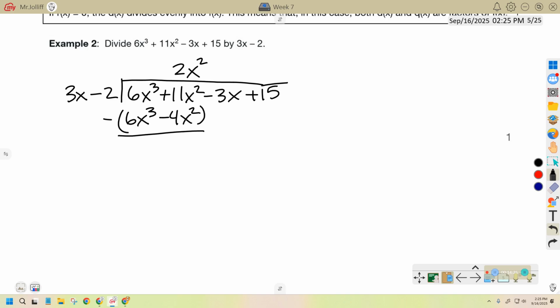So 6x cubed minus 6x cubed cancels. 11 minus a minus 4. Minus minus becomes plus. 11 plus 4 is 15. I see some nodding. Very good.